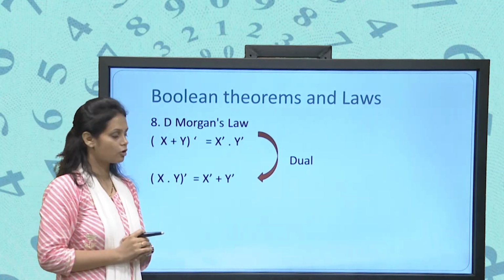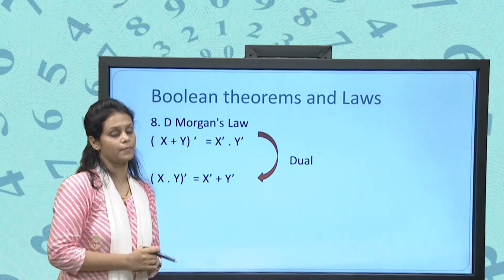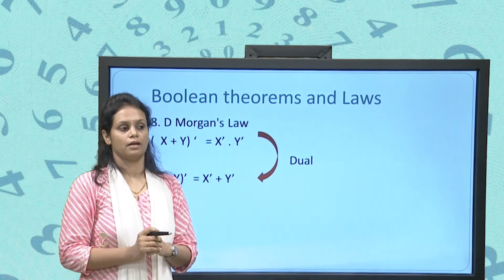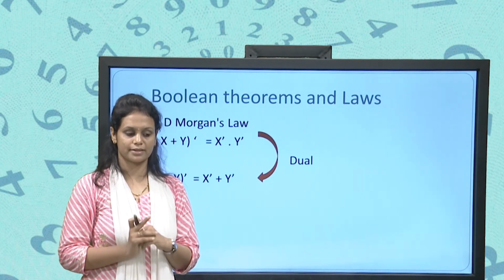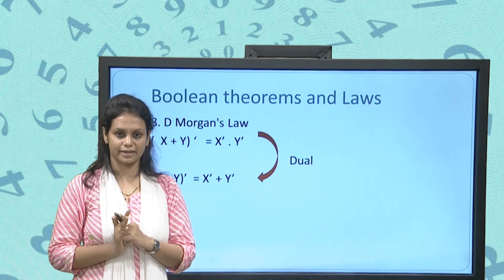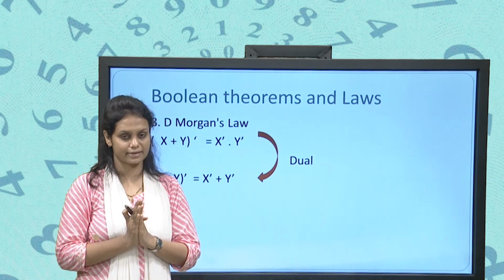Now we will find the complement of (x dot y) whole dash. I am repeating what we do in set theory. Suppose we have A intersection B, and we want to find its complement. First we find the complement of A, that is A dash.